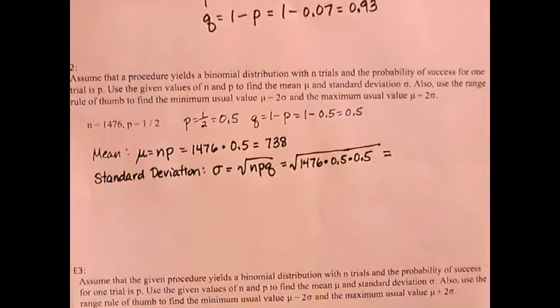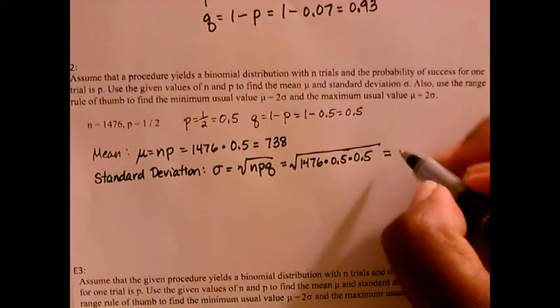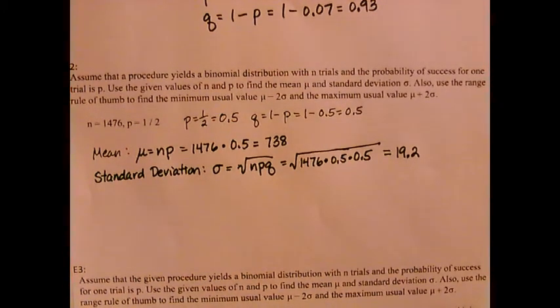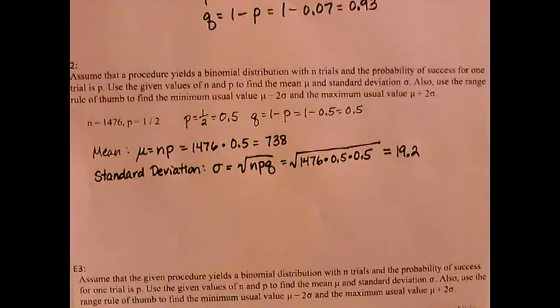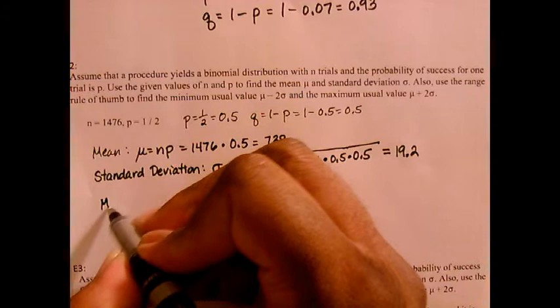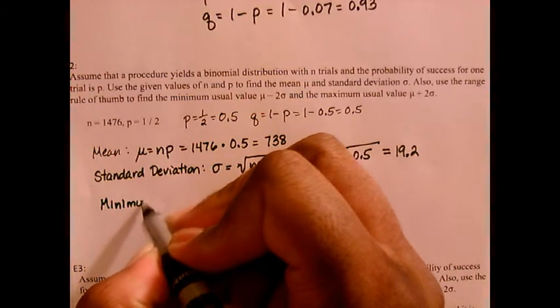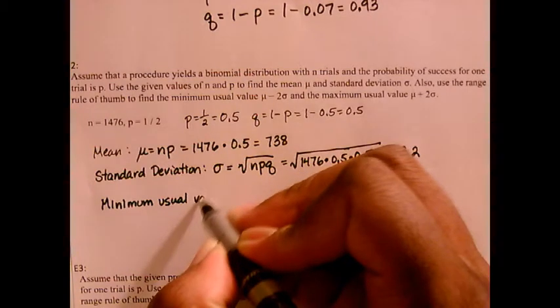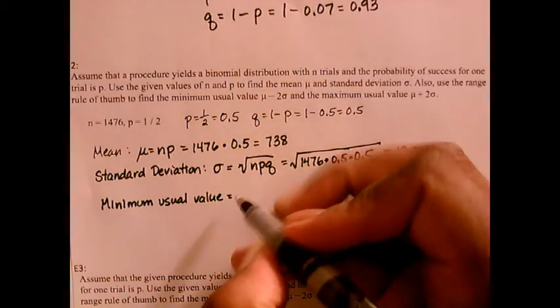So the standard deviation there would simply be 19.2. So the mean is 738 and the standard deviation is 19.2. Now we want to use the range rule of thumb to find the minimum usual value and the maximum usual value. So your minimum usual value is this.